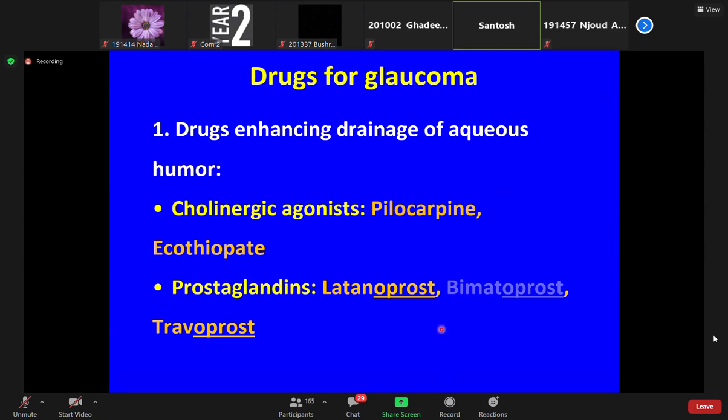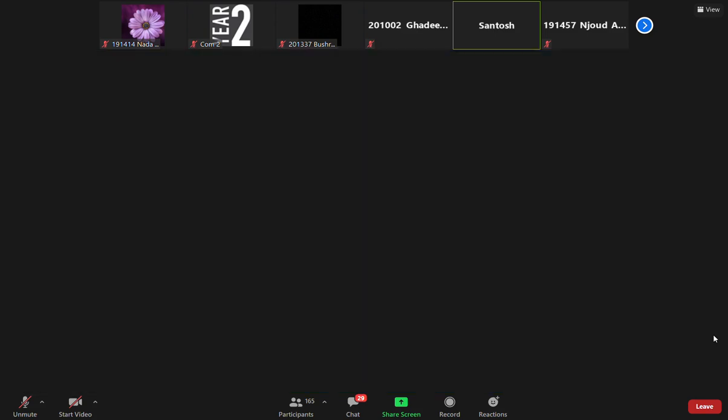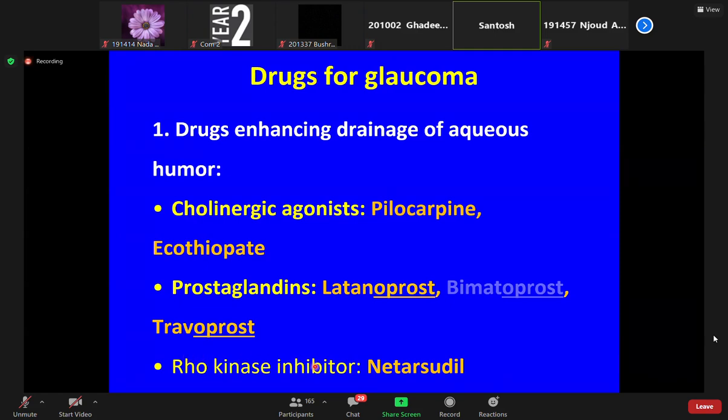But for exam purposes, if you want, you may forget bimatoprost. Anything which is dimmed, if you don't want to remember the name, it's okay. But it's very easy to remember these names. The third category, which is a newer agent, is the Rho kinase inhibitor, netarsudil. So we have these three categories which enhance the outflow of aqueous humor through different ways. We will go into details.